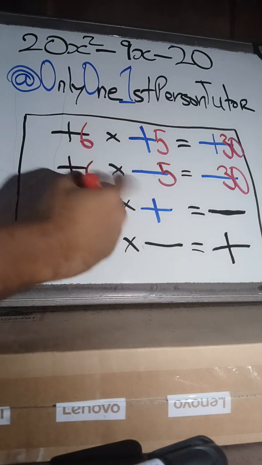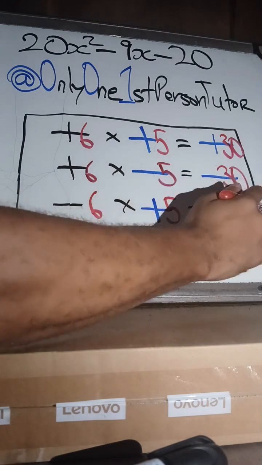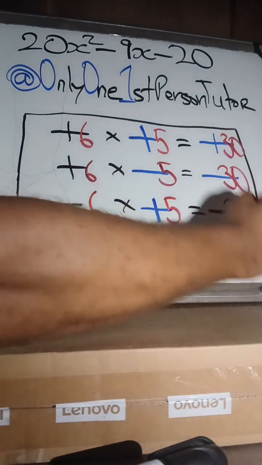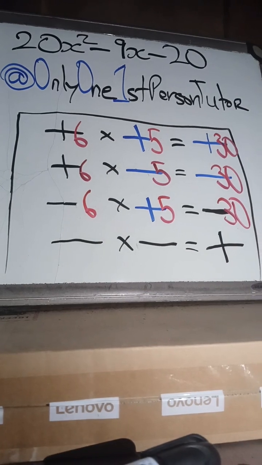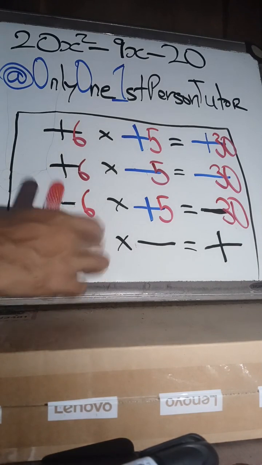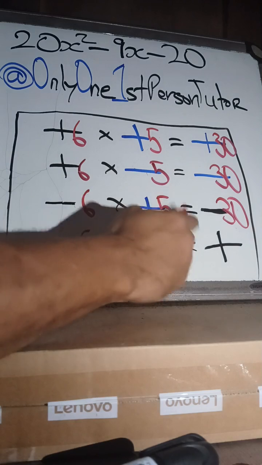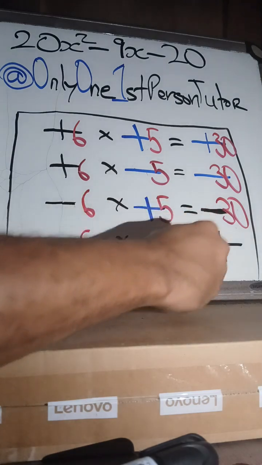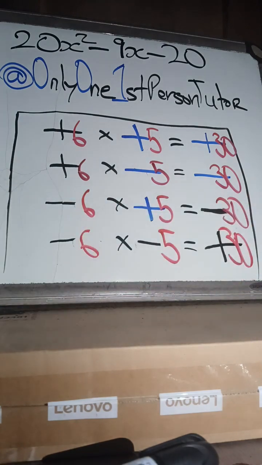Again, minus 6 by a positive 5, same thing, you end up with a negative 30. So hold on, let me move this a little bit. And then lastly, a minus 6 times a minus 5 results in a positive 30, right?